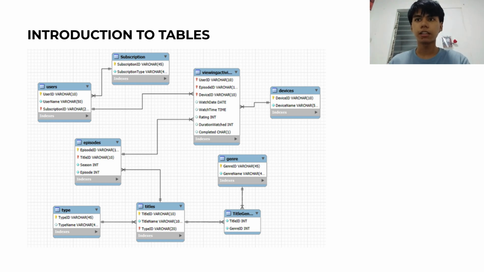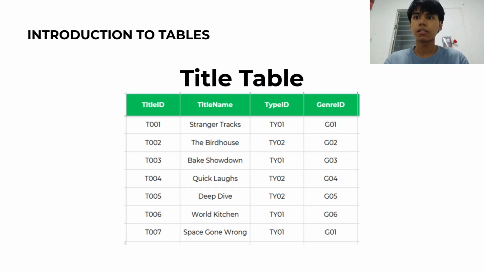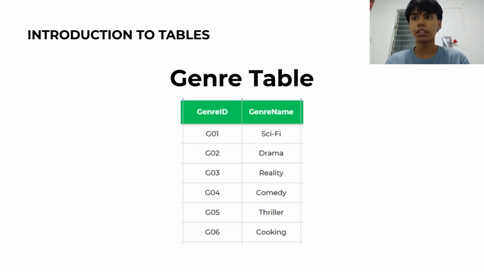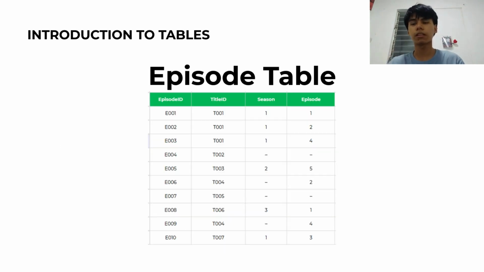The final entity relationship diagram, or ERD, organizes data into these tables. The user table stores user info like user ID, username, and subscription type. The title table stores shows and movies. The genres table stores unique genres. The title genre table connects titles and genres through a many-to-many relationship. The episodes table keeps episodes linked to their shows and seasons.